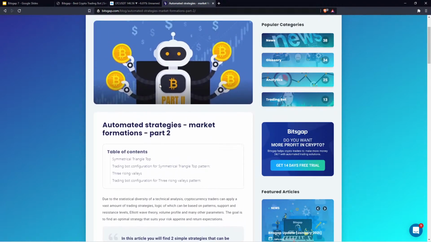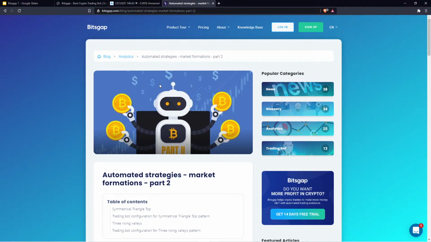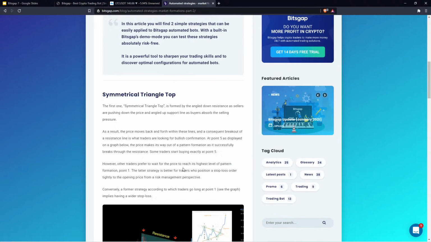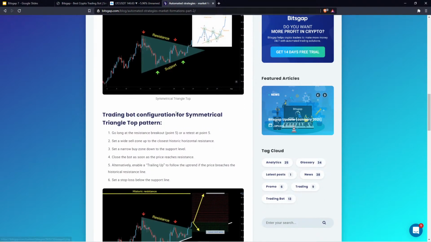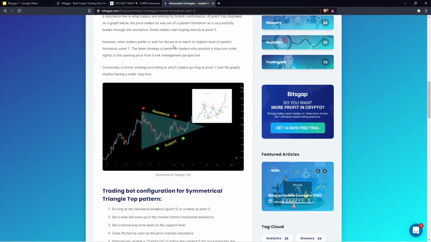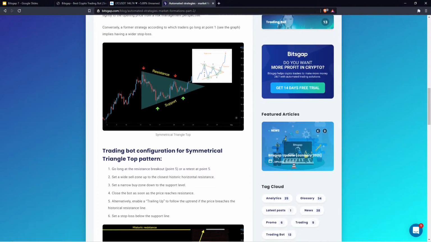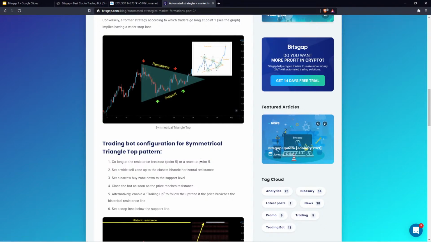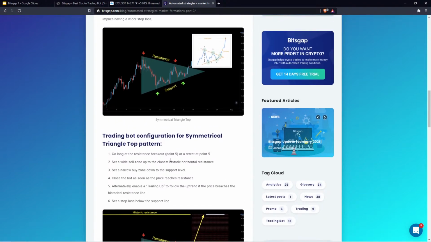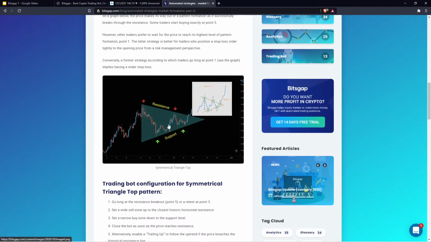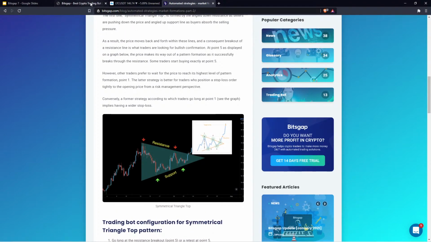So if you are a beginner, or at least you have some experience, then this can be very useful for you to try yourself on automated trading, to find your best trading setup. Even if you are a very experienced trader, then still this is something that you can try if you haven't tried it before, and you will see the results for you.